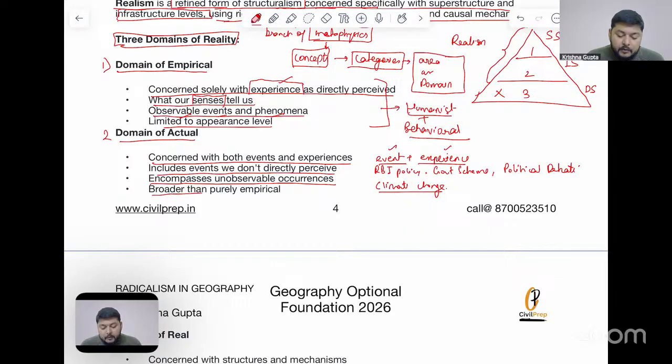Then it is broader than purely empirical. So this is an important aspect, where it is not just the data which helps us come to a conclusion, but it is the complete picture which we need to set up with the help of the data, that how this particular event has taken place and how we have experienced those particular things here.